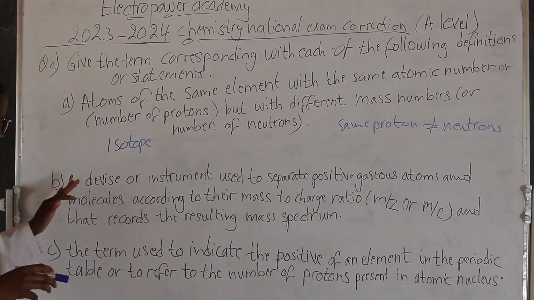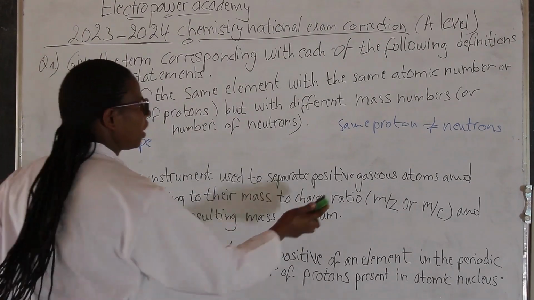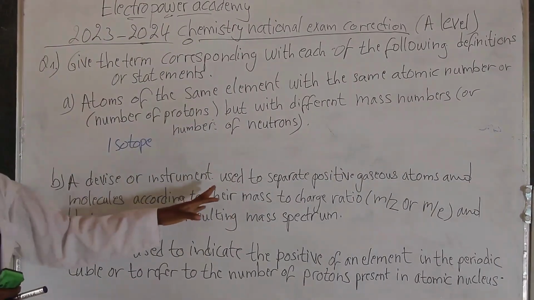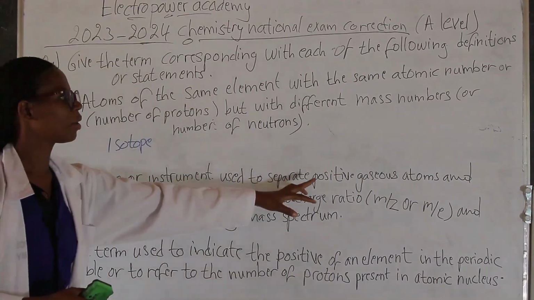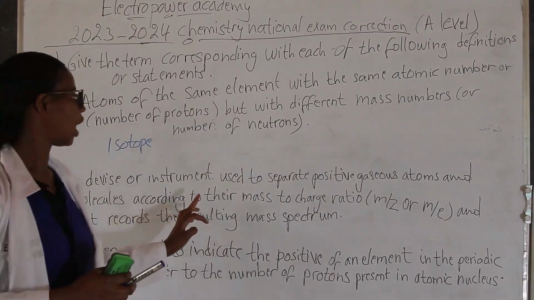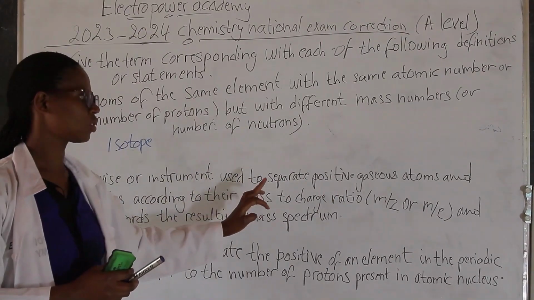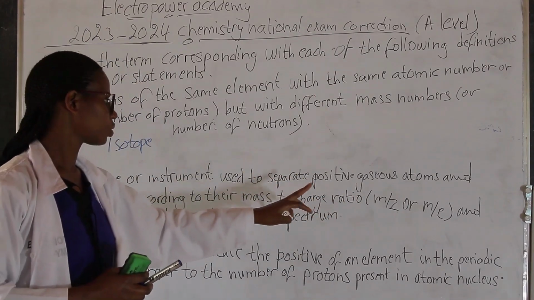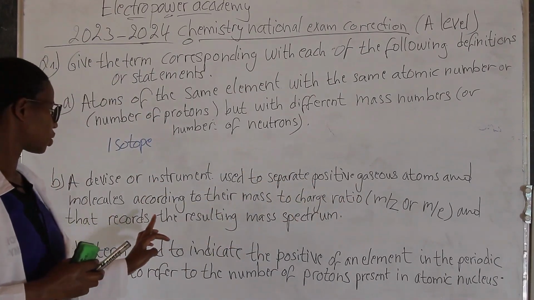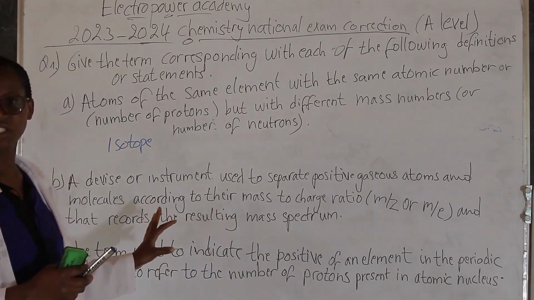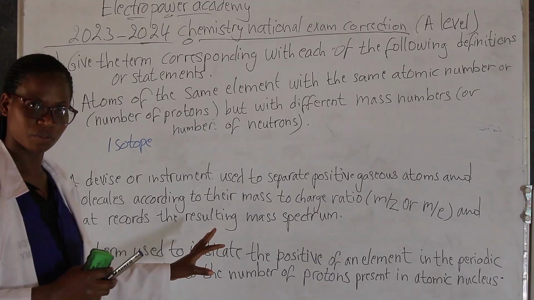For number B, a device or instrument used to separate positively charged gaseous atoms and molecules according to their mass to charge ratio and that records the resulting mass spectrum. This instrument is a mass spectrometer.